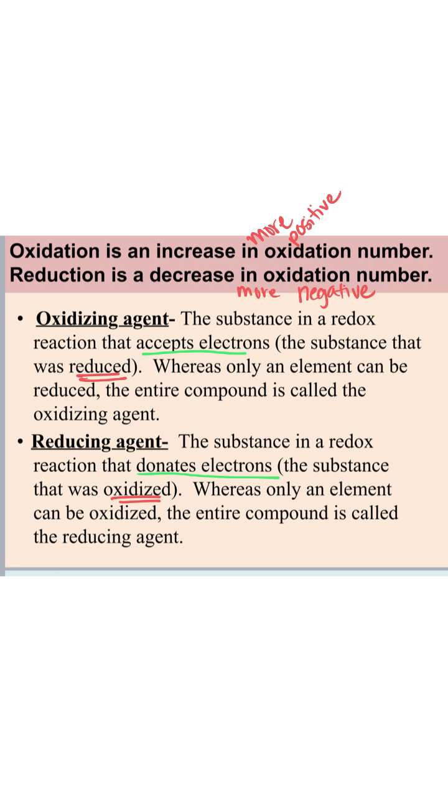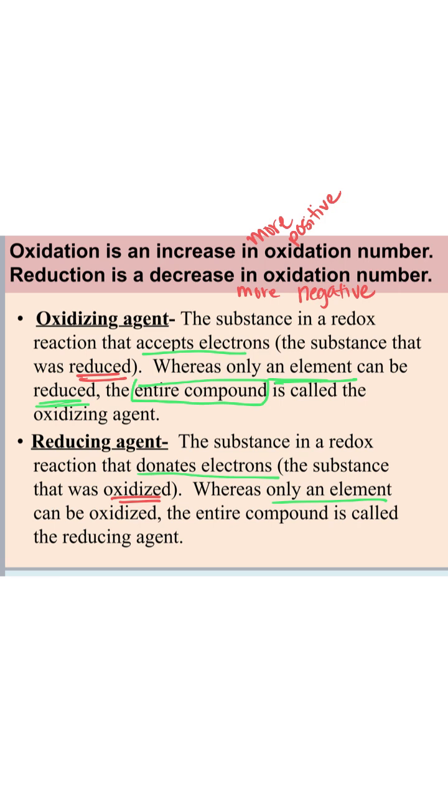So again, they're going to be opposites of each other. Oxidation and reduction are opposites of each other. They are caused by the opposite element in a reaction. So something to note here, when we are labeling things that are oxidized and things that are reduced, only an element can be reduced, but the entire compound is the agent, okay?